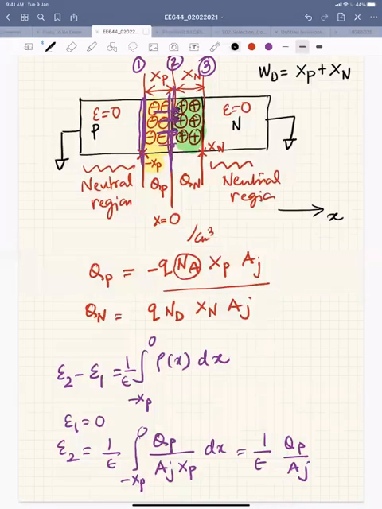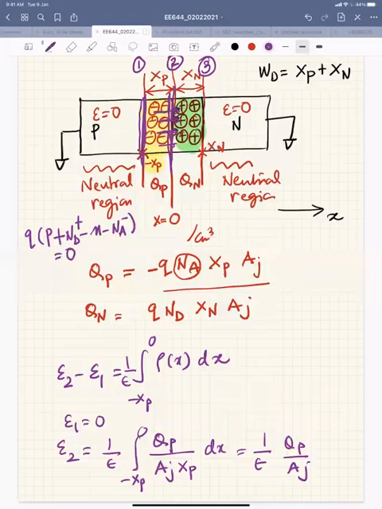In the other regions, we have a neutral region. On the left hand side and right hand side I have a neutral region, wherever there is no depletion region. What do you mean by neutral part? The total charge, if you sum the charges in that region, is 0. Total charge is q times (p minus n), or you could also write it as p plus the donor ions minus n minus acceptor ions, and this is 0.